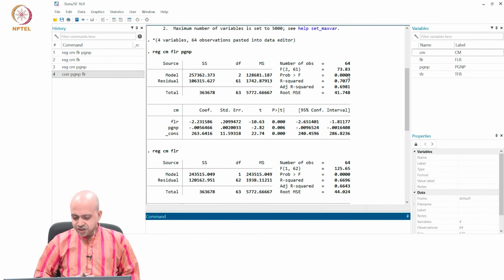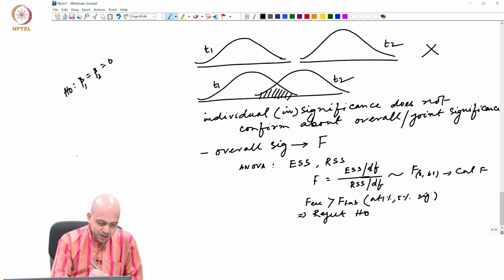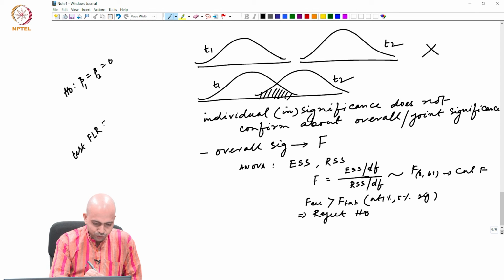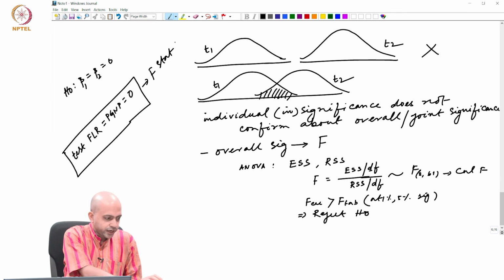All right. In Stata, we have a specific command for implementing the F-statistic, and that is the test command. Test, you need to put FLR, and then PGNP, and then you can put 0. This is the test command for the F-statistic. The test command is a very, very powerful command.